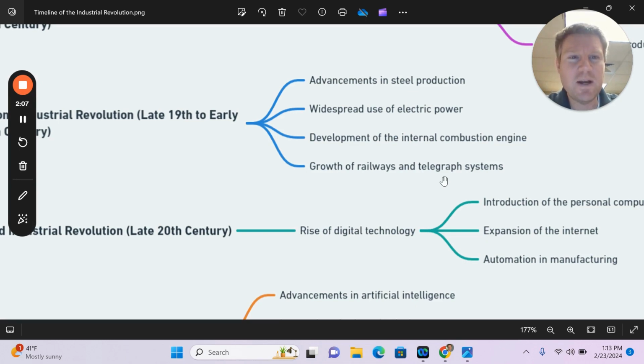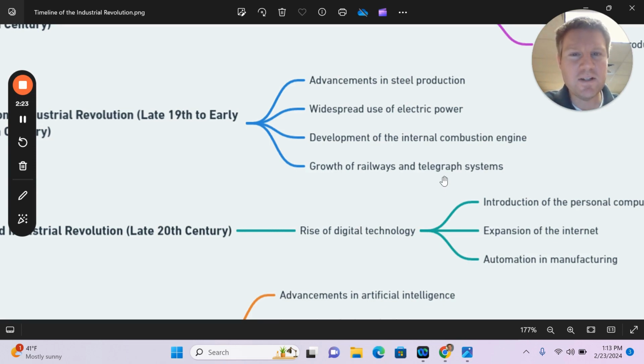Widespread use of electric power. So instead of using kerosene and oil to light buildings and houses, people are beginning to use electricity that gets sent straight to the building.